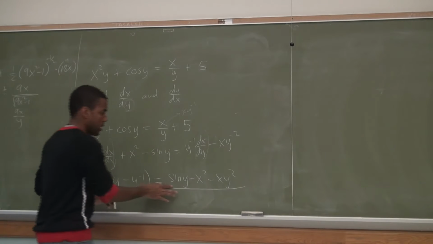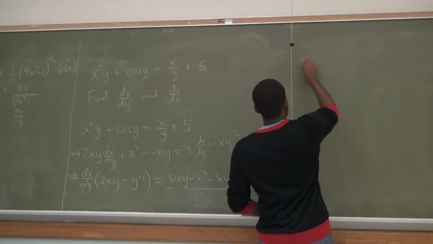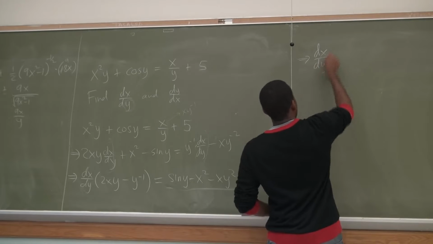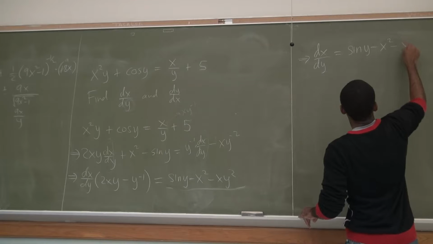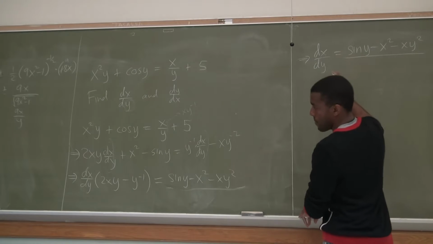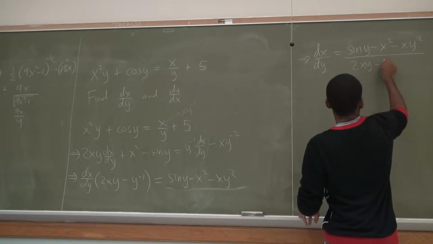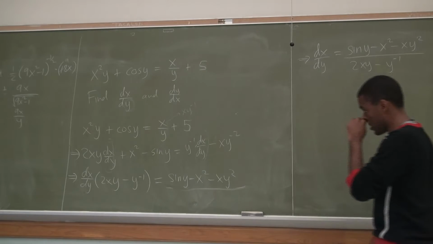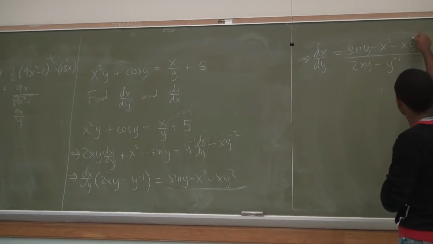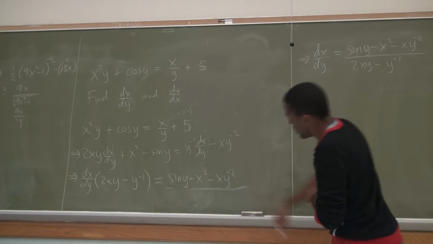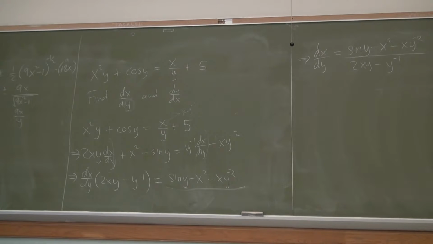And I can divide by minus 2, minus 2, and negative sine y. Are we okay now? Yeah, positive sine y. Right, so you have this.